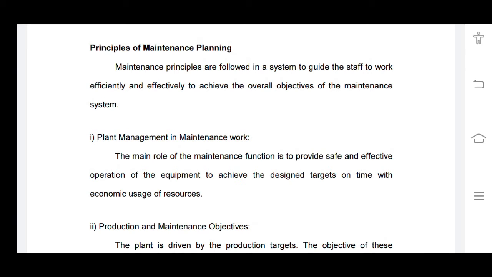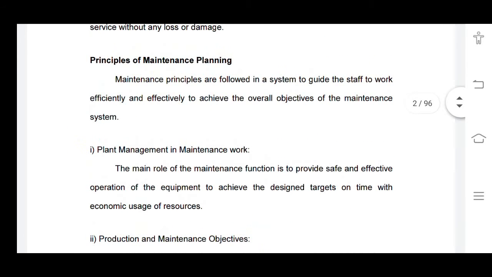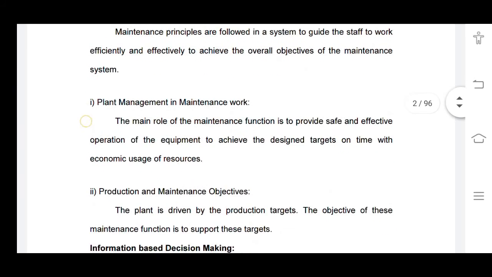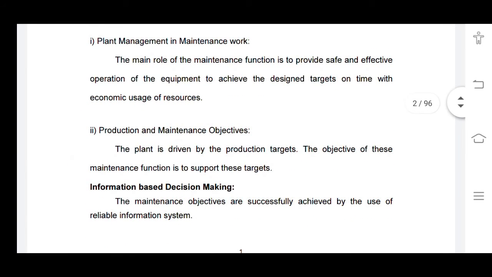Okay students, so there are different types of principles included in maintenance planning, like plant management and maintenance work, production and maintenance objective. Okay, you can also classify it according to infrastructure, assets and system.